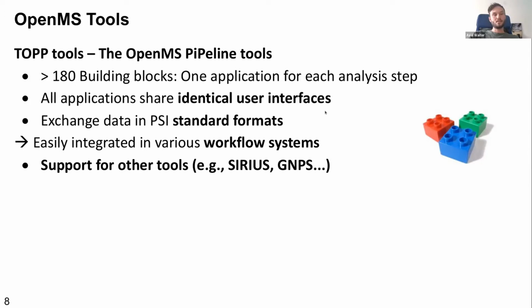And the identical user interface is just there to ensure that we can build workflows with them and they are all compatible with each other, because they exchange the data in these PSI standard formats. And because all is in standard formats, it's also easy for us to support different workflow systems and also to work together with other tools such as Sirius or GNPS.